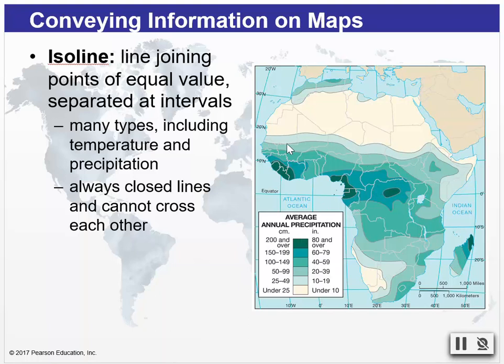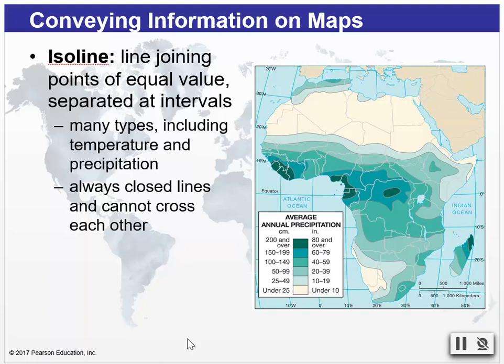So even where a line doesn't go clearly across the map, you'll have little sections that are cut out, but each of these areas are going to be a clearly defined area of annual precipitation, again identifiable by these different colors, that are all dependent on the isoline marking the differences between these data.